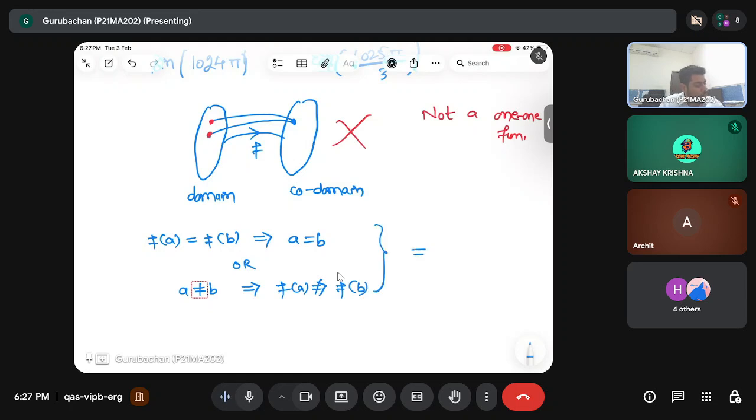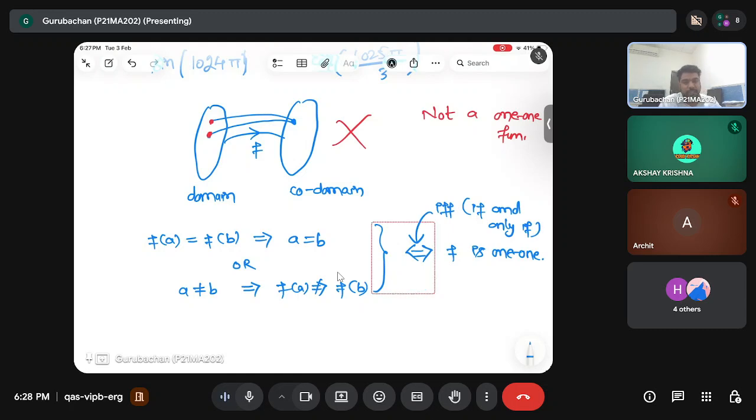If any of them is followed, then what do we say? I hope you know the meaning of this symbol. Vice versa. If and only if. We can move from any side.